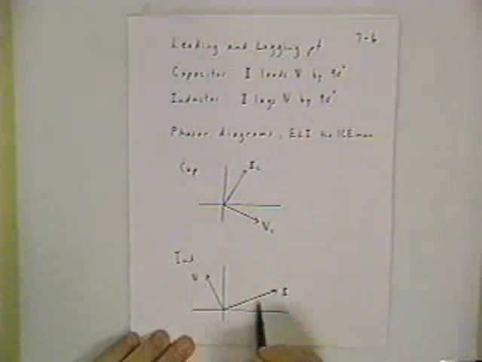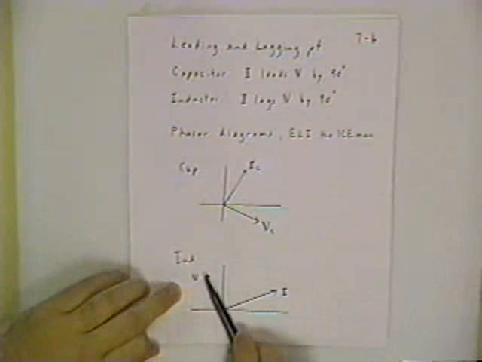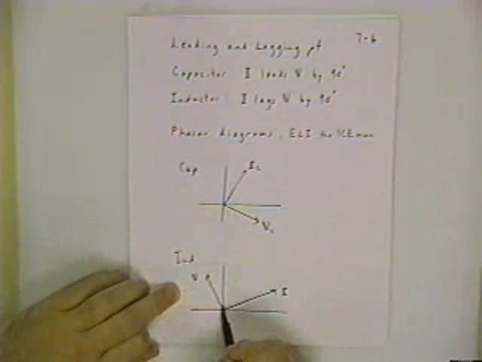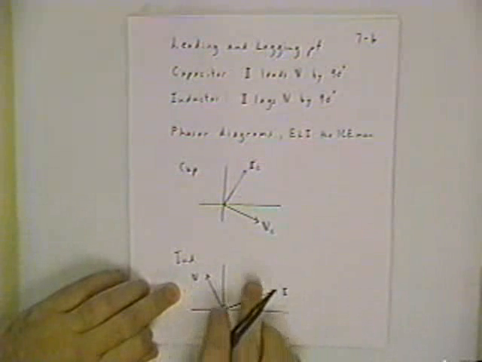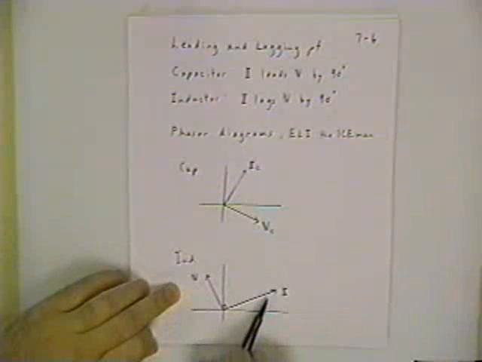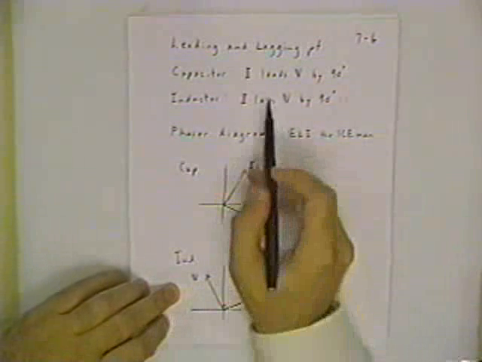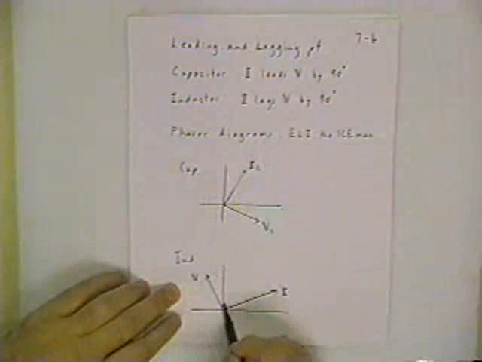If V comes before I, let's say you're an observer at this point and you're noticing these two phasors, they're locked together with a 90 degree phase shift, but they're rotating in this counterclockwise direction. The V phasor passes first, and then 90 degrees worth of phase shift later, I passes. So you'd say V is leading I, or as it says here, I lags V by 90 degrees.